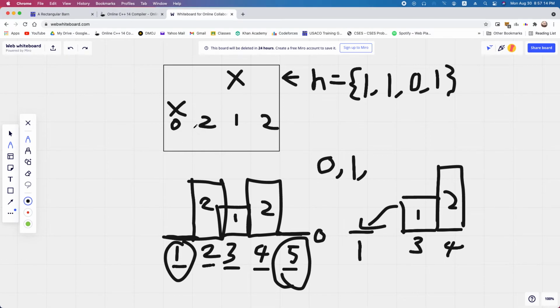And so here our maximum rectangle will have an area of 3, 1 times 3. And this is just like the area that we just calculated here. So this is what we can do every time. We just keep track of the total height. And every time we meet a cross or an obstacle, we basically reset the height to 0 again. Otherwise, we'll keep on increasing the height by 1.